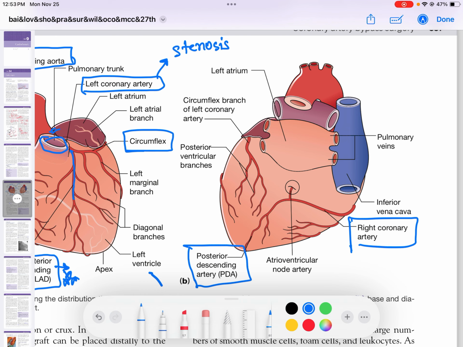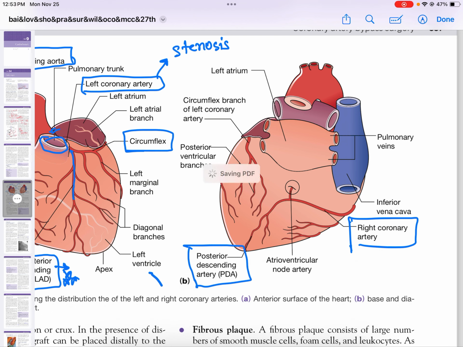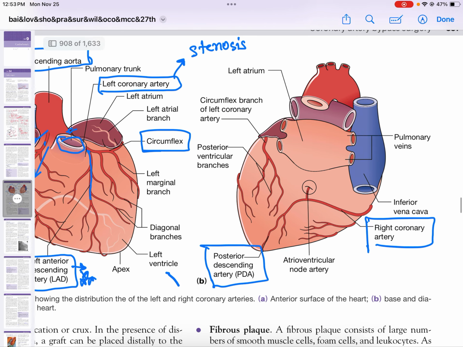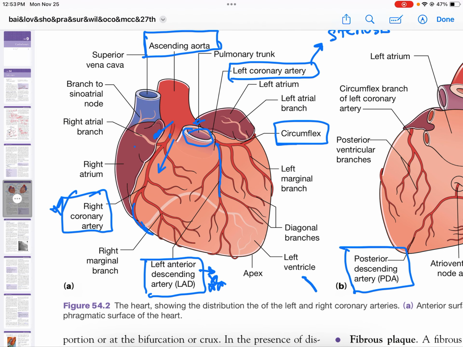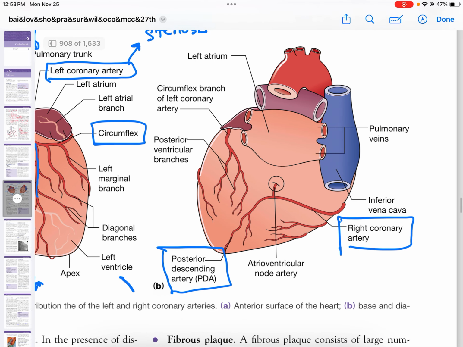Common sites of stenosis of the right coronary artery are its proximal portion or the bifurcation or crux. In the presence of disease at the bifurcation, a graft can be placed distally to the posterior descending artery.